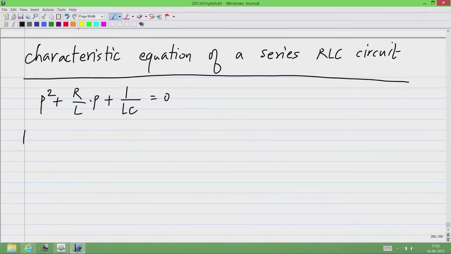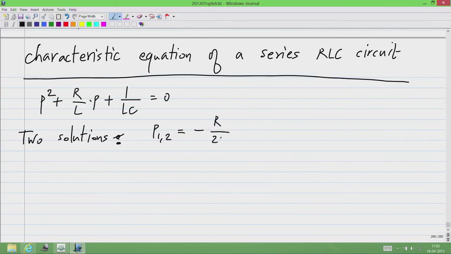So, this has two solutions. I think all of you know the formula for solution of a quadratic equation.